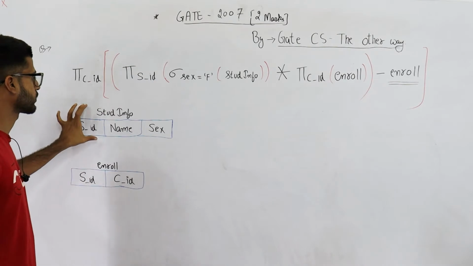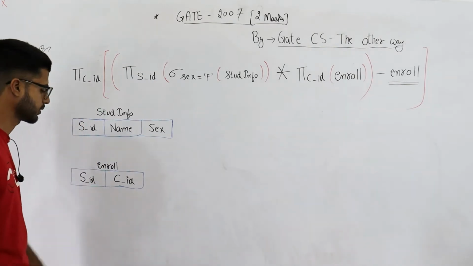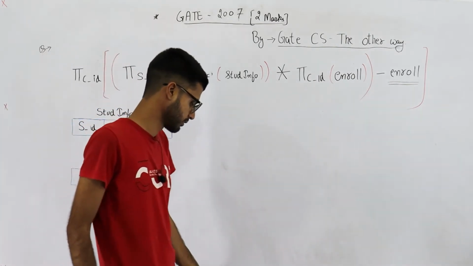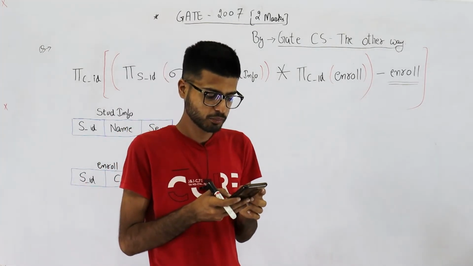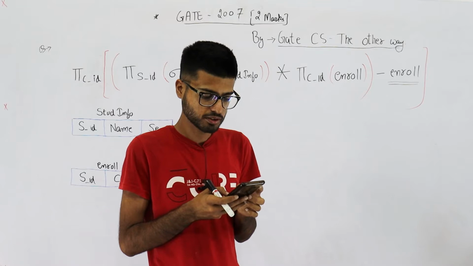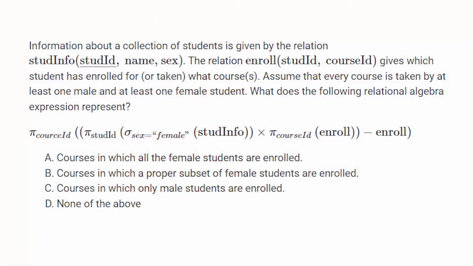The two tables are studInfo and enroll. Let me first read the statement and then we'll solve this question. The information about a collection of students is given by the relation studInfo, studId, name, sex.